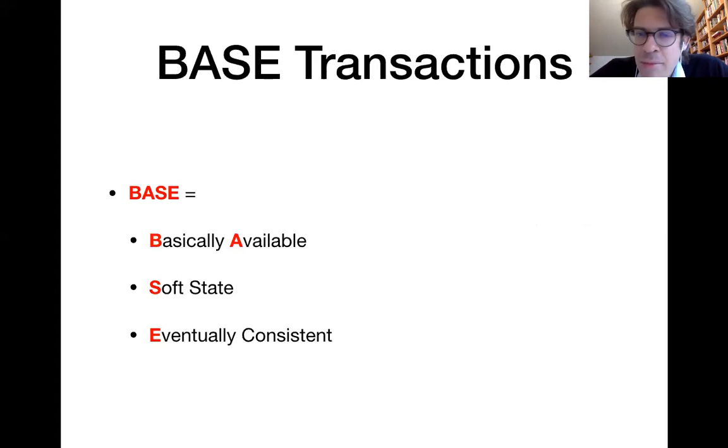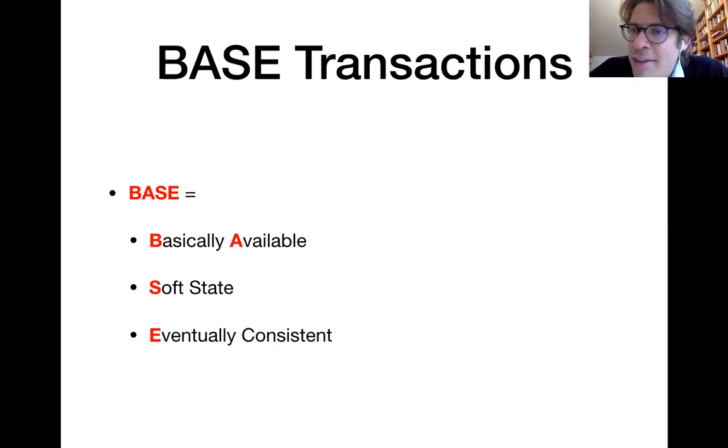The paradigm is also called BASE, which differs from ACID already in terms of semantics. So BASE stands for basically available, soft state, and eventually consistent. So here basically available means that you prioritize being available above everything else.